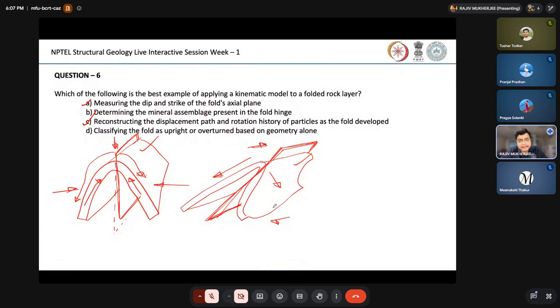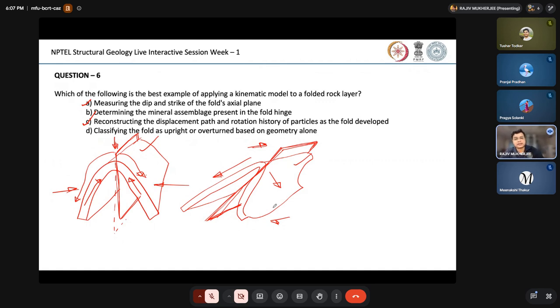So in reality, from a field observation, if you want to reconstruct the flow path of particles involved during the folding of a layer of rock, you do need some references. And the only thing that you can create for a symmetric reference point is the axial plane of the fold. That is why the dip and strike, or as we say, the attitude of the axial plane, has to be known in order to measure how the particles have been flowing.